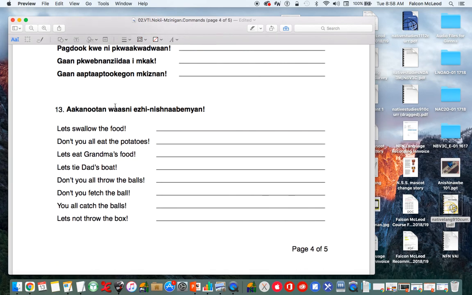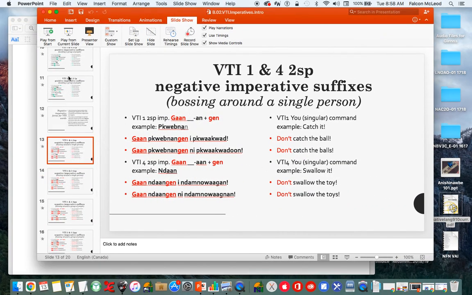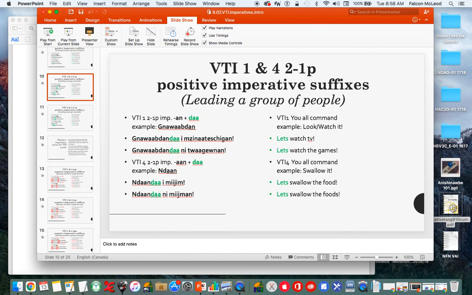All right. Now translate these into Ojibwe. So let's swallow the food. So we're leading a group of people in this. So we need our paradigm here. Oh, look at that. It's already done for you. So you just need your verb, don, and then da, and then pronoun and me, Jim.